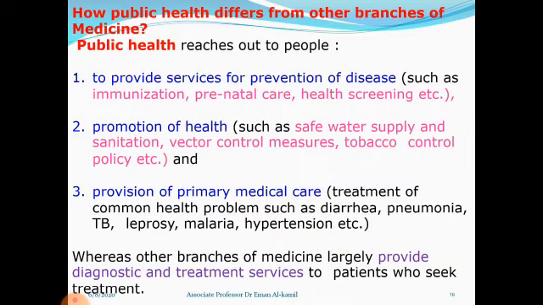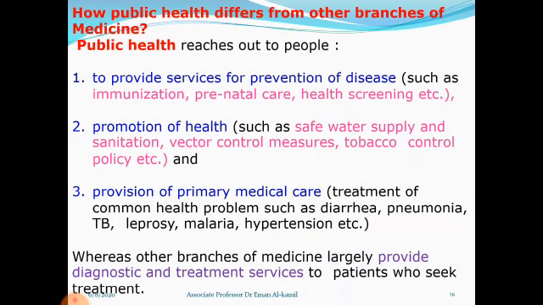Public health services provide for prevention of disease, such as immunization, prenatal healthcare services, and health screening, and also promotion of health through safe water supply, sanitation, and vector control measures.